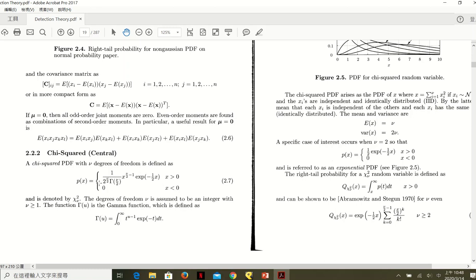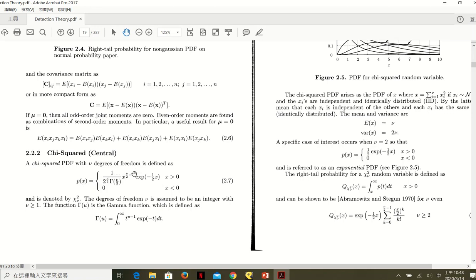The probability density function has a 2 to the v over 2, multiplied by a gamma function. And that gamma function is gamma of v over 2. And then x is the argument for the function.